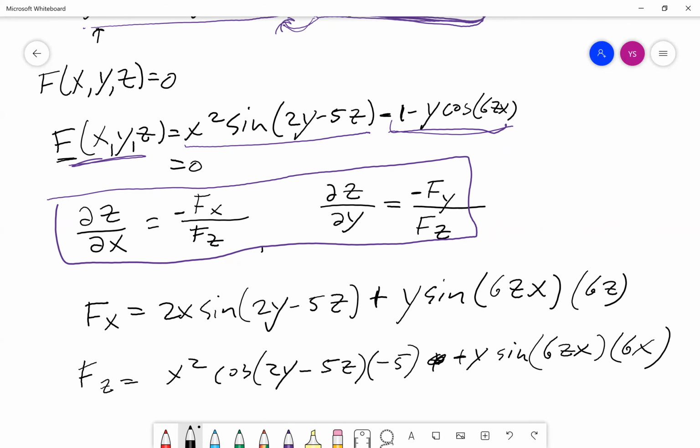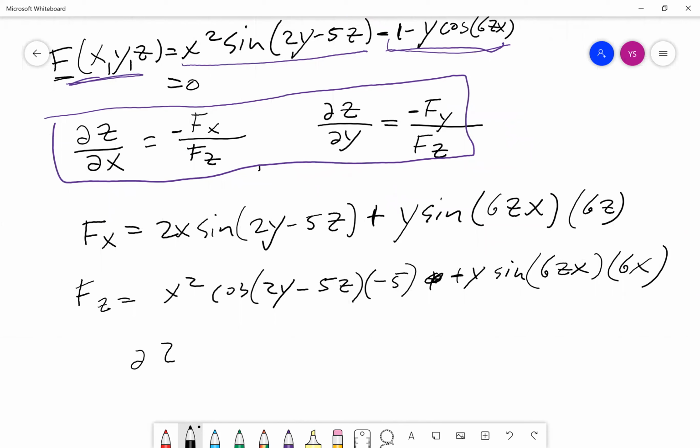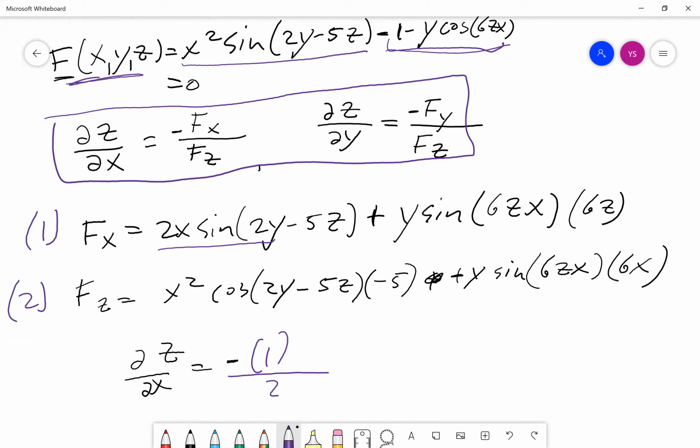Okay, so then in order to finish the problem, the partial of z with respect to x is going to be negative of this part, right? So you just put that down. I'm not going to write the whole thing, but negative, let's call this 1. So negative 1 divided by 2. Yeah, does that make sense?